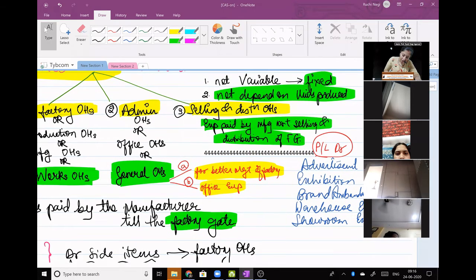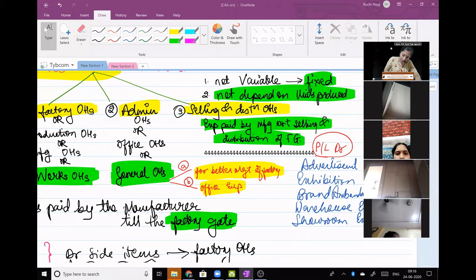Any other doubt? That's it. So should I move ahead then? So now I have to compile this in a statement format. Whatever we have discussed has to be compiled in a statement form, because when the cost auditor comes to your factory for auditing, he needs this statement, the one which we are going to learn today.